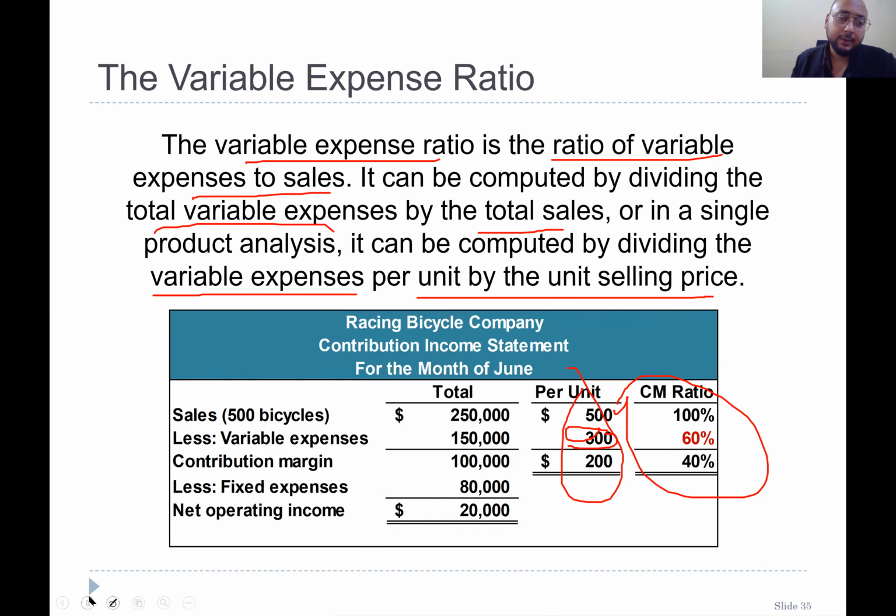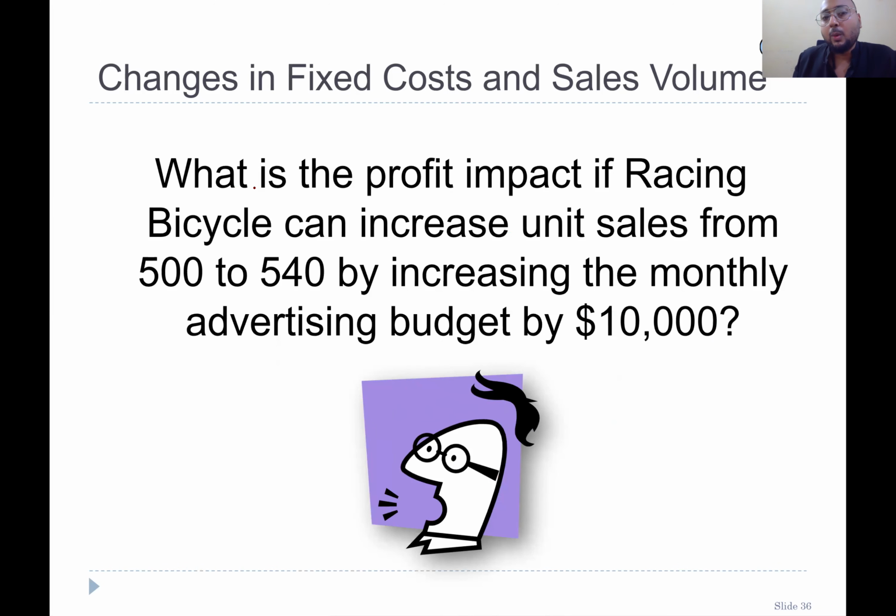So let's just see that. What is the profit impact if RBC Racing Bicycle can increase unit sales from 500 to 540 by increasing the monthly advertising budget by 10,000? So we are playing now with fixed cost.